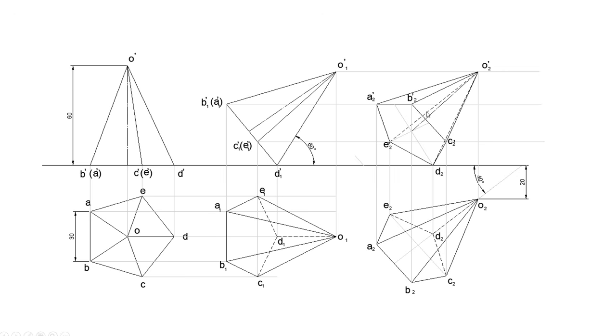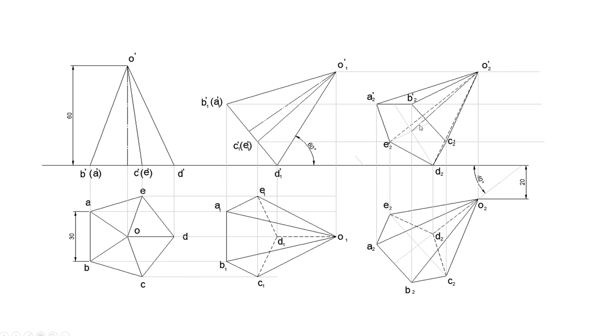So all the lines to the points A and E will be invisible. But here after the border, this line from E will be invisible, and also this line will be invisible because it is coming inside the boundary. Now mark those two lines as invisible.